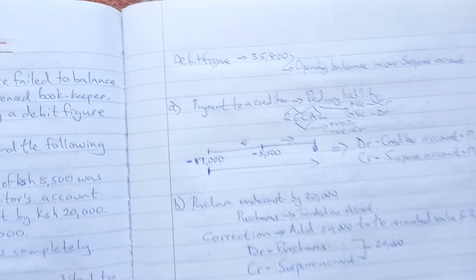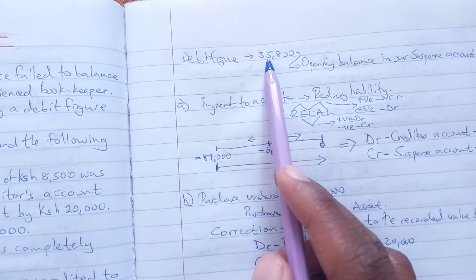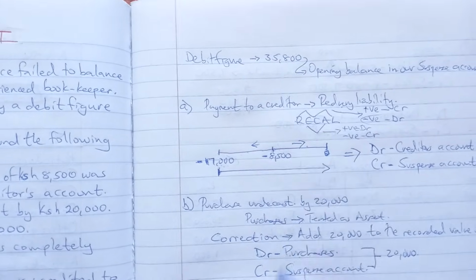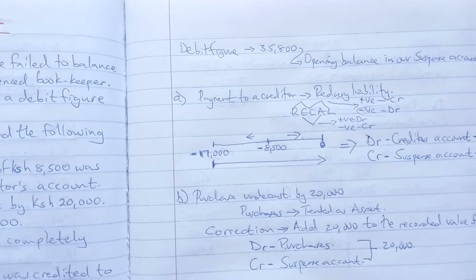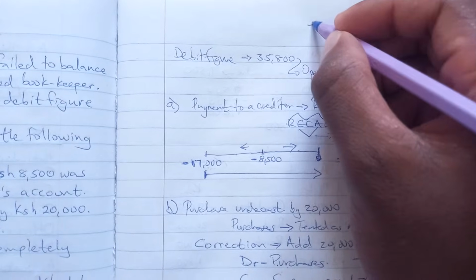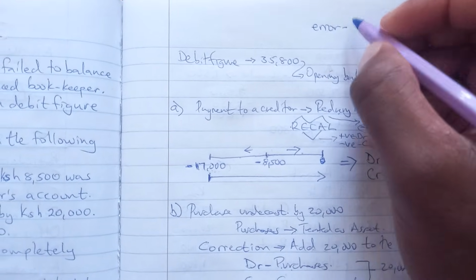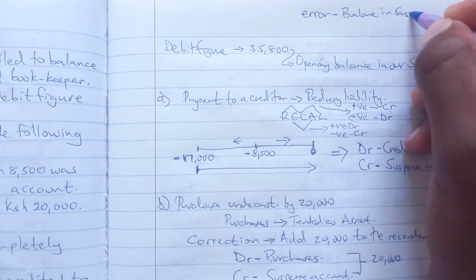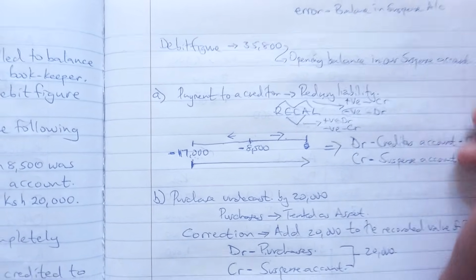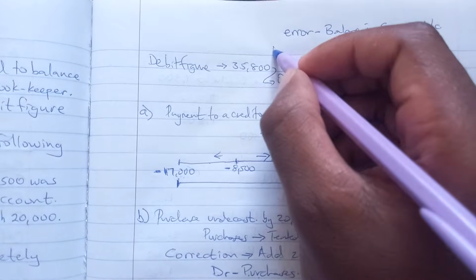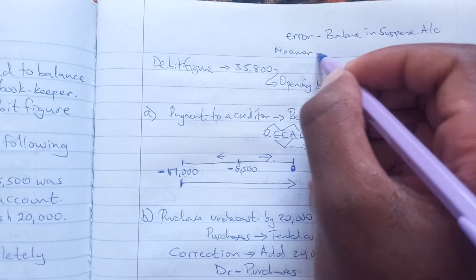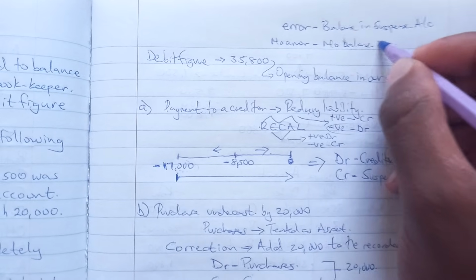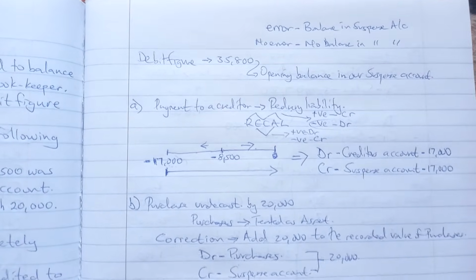The moment the suspense account has a debit figure of 35,800, it means that there is an error. When there is an error, there is a balance in the suspense account, and when there is no error, there is no balance.